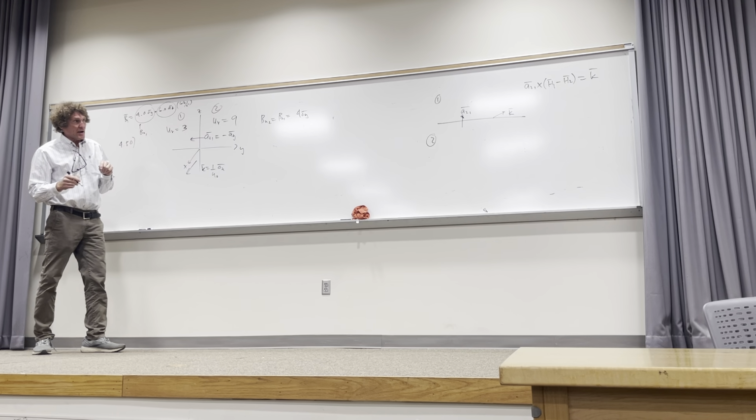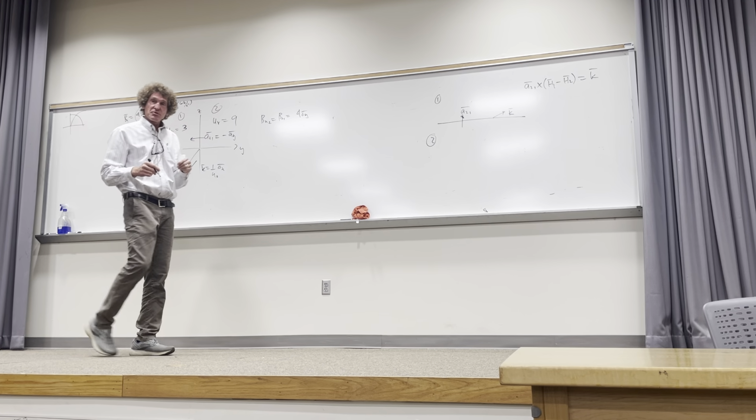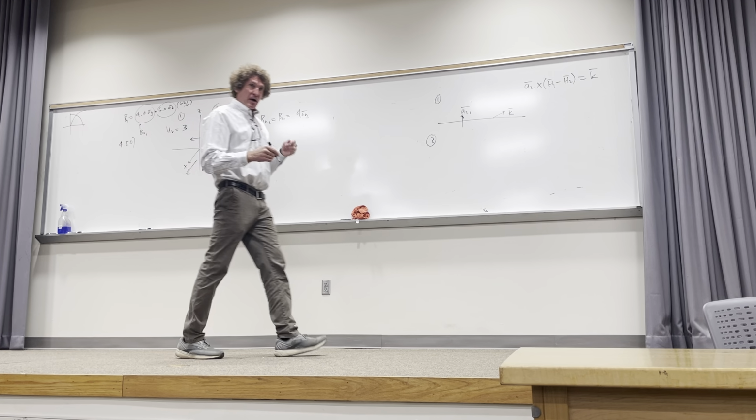Now, after we have that, we have H1 and H2. Here, I'm going to just use this law. I have A21, which is minus AY, crossed into H1 minus H2. In order to get H, I have to take my B field.